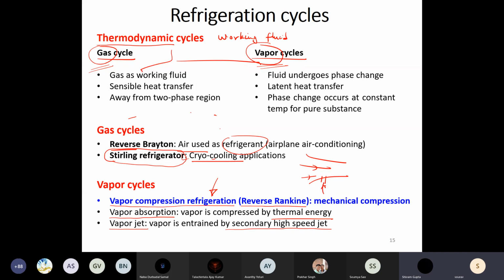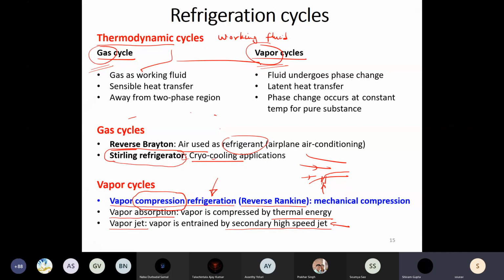Then you can use this ejector to compress the secondary fluid. These are different ways of performing the compression of the vapor. Again, they are not very common.